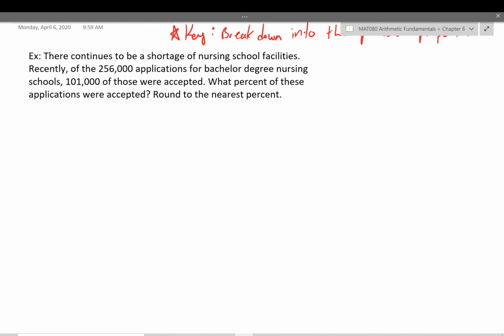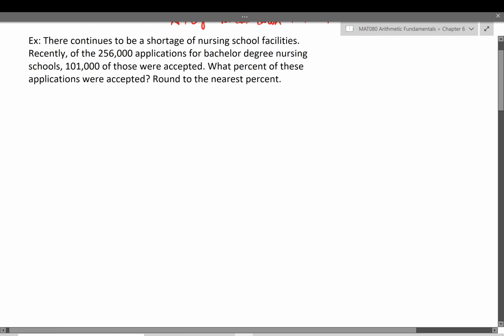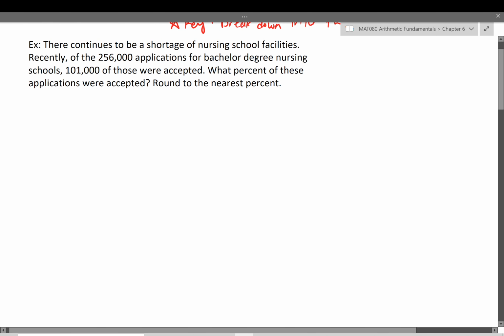So I can zoom in here a little bit. There continues to be a shortage of nursing school facilities. Recently, of the 256,000 applications for a bachelor's degree in nursing, 101,000 of those were accepted. What percent of these applications were accepted? Okay. So remember, the first thing we're going to do, step one, is to break it down.